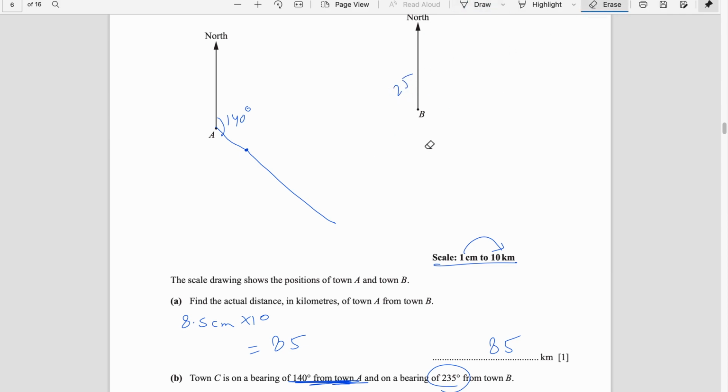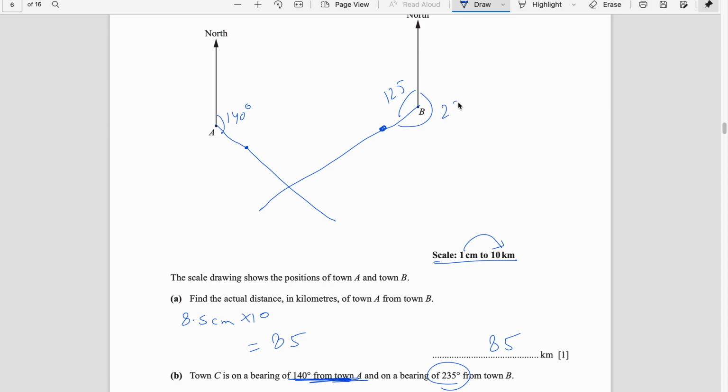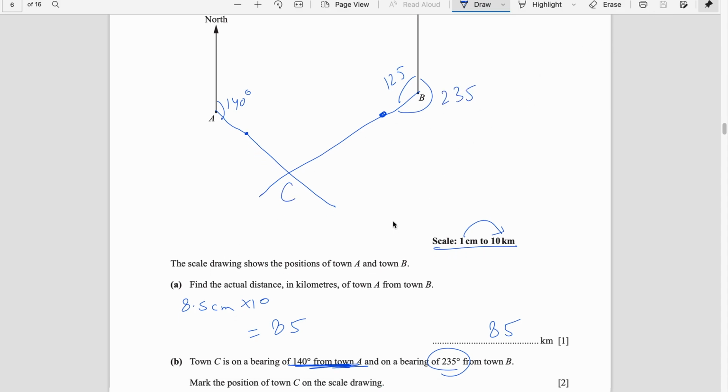So place the protractor right here and see where 125 ends and mark it with a point. Then remove your protractor and pass the line through this. This should be 125 and now this angle is 235, and you get the point of intersection as C.